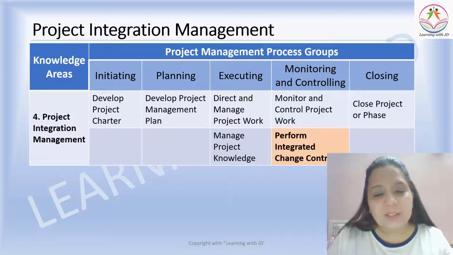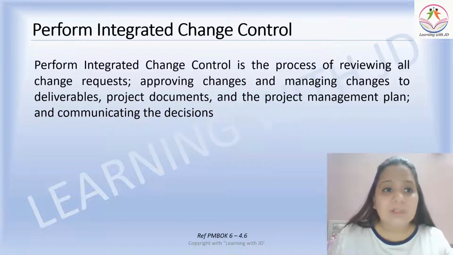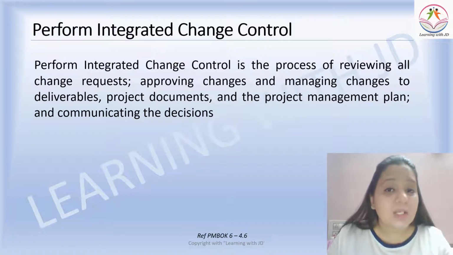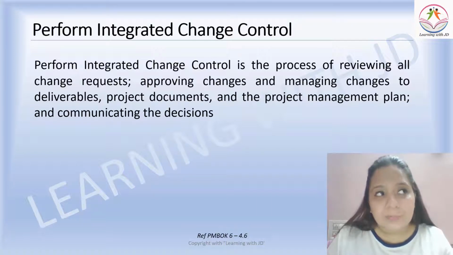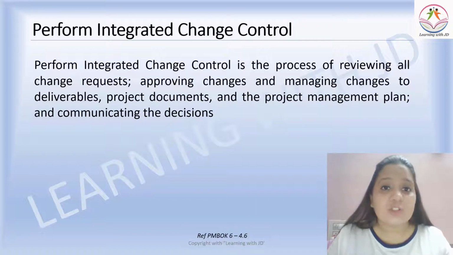Now let's see what you understand by the words perform integrated change control. Perform integrated change control is the process of reviewing all the change requests. See, the name itself has change control, which means it controls whatever changes are appearing on your project, approving changes and managing changes to deliverables, project documents and the project management plan, and communicating the decisions.